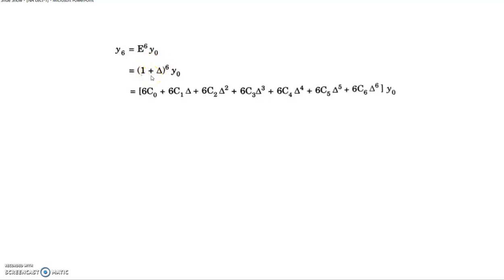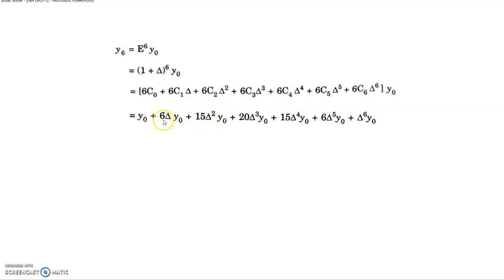So the relation is y6 is equal to E^6 y naught. Very simple relation. E is the shift operator and we are starting at 0, so we have to step by 6. So we'll get y6. Now what is E? E is 1 plus delta, the relation between E and delta, and after expanding this by binomial you will get these terms.